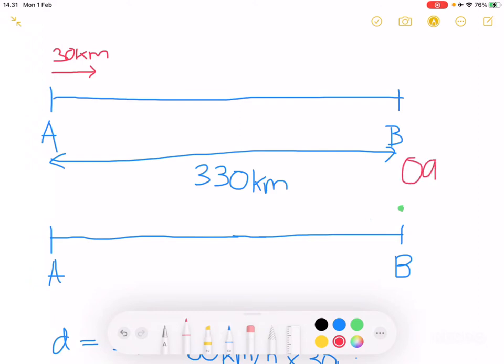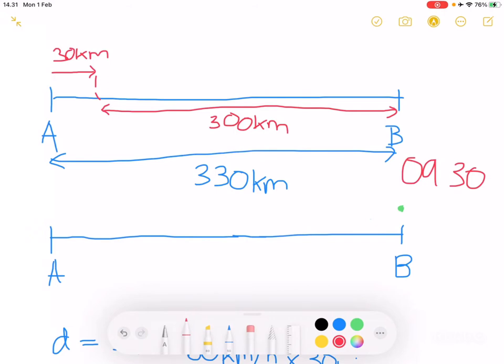This is the condition at 9:30. Notice that the remaining distance between them is 330 minus 30, which is 300 kilometers.